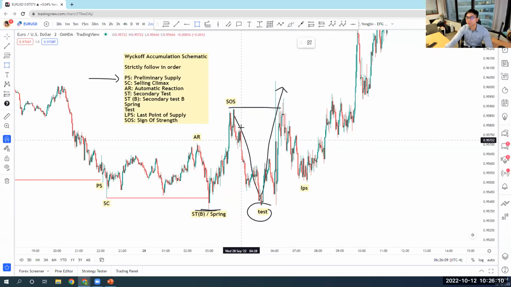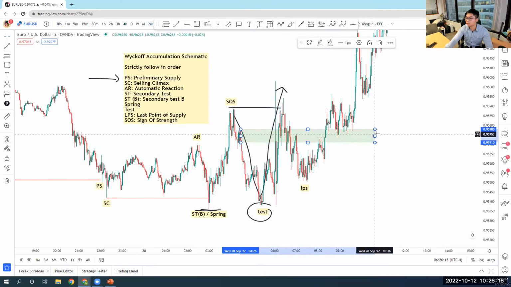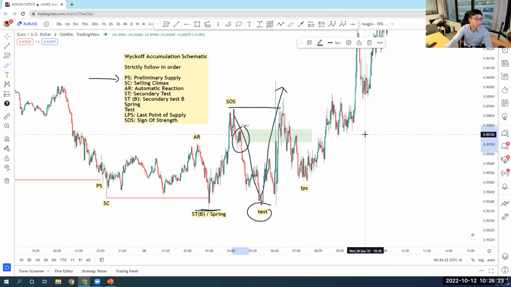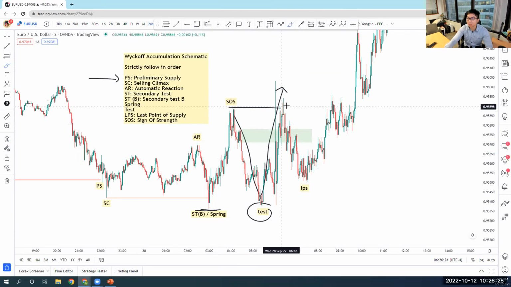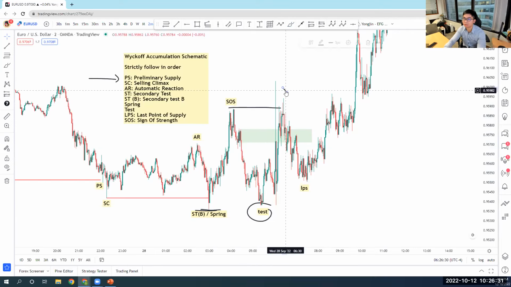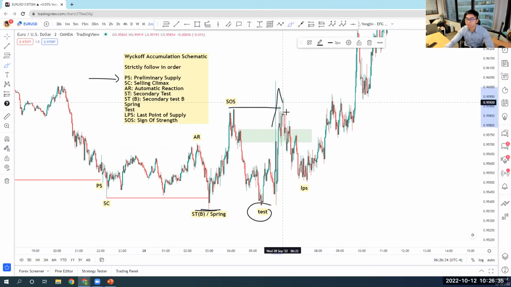They call this a breaker block, and maybe they want to enter on this green box. What they are probably expecting is price goes up, comes down, tests, and maybe can go even higher. So they want to enter the last point of supply trade.